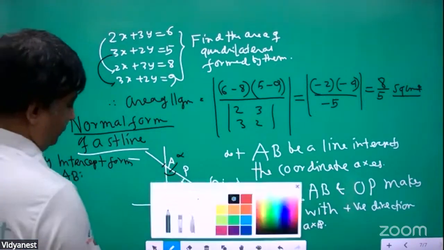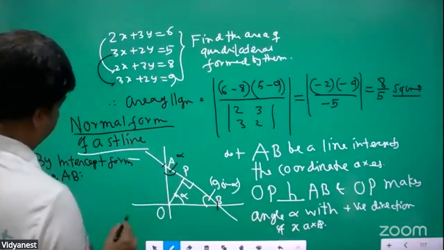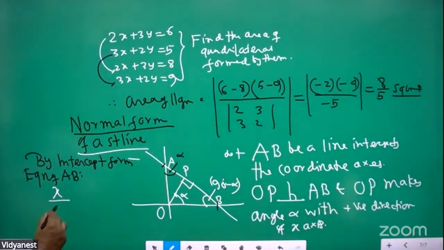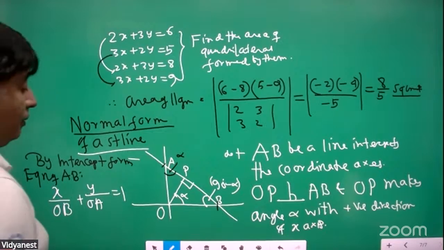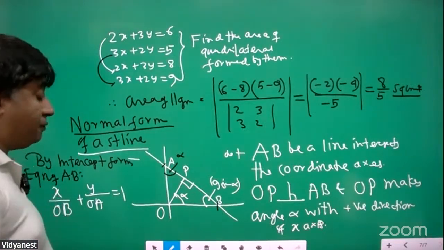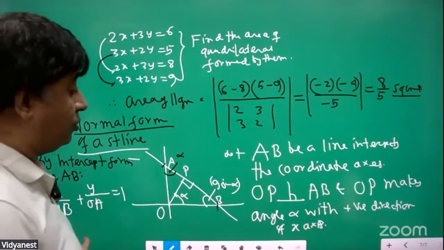Now, by intercept form, the equation of AB is x by OB plus y by OA is equal to 1. Intercept form. From that result, what conclusion can I draw?